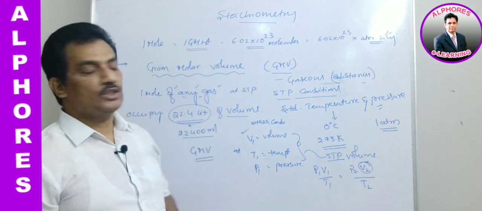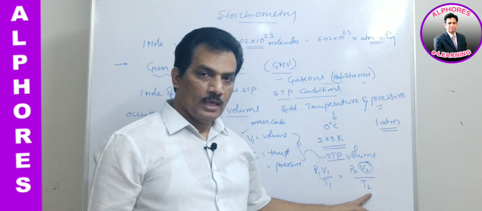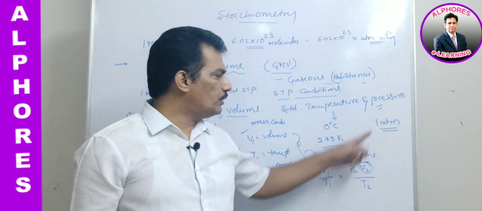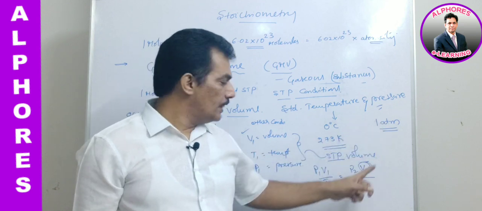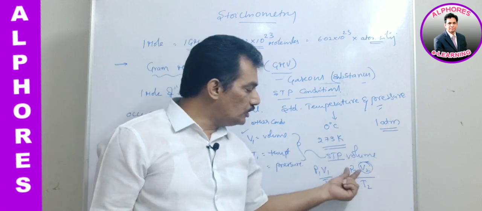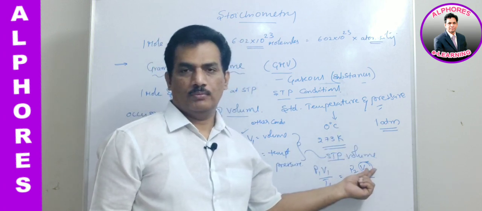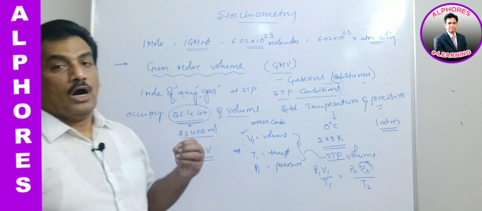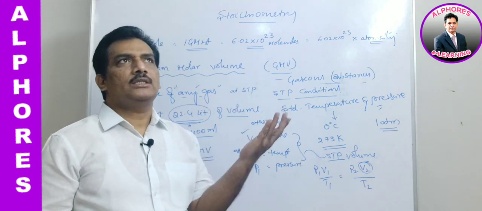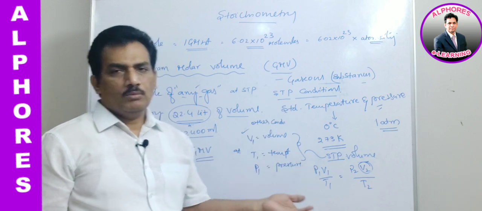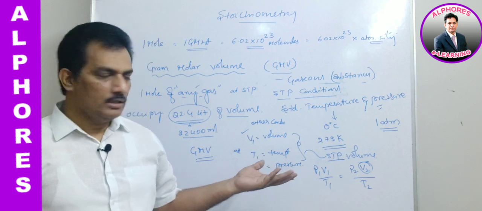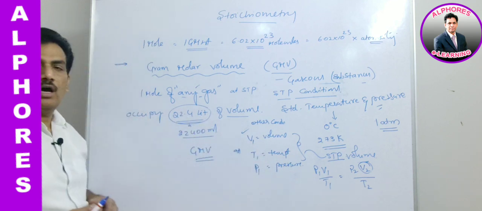Pressure P2 and temperature T2 we know, so by substituting these two values we can find V2, the volume of that given gas at STP condition. When the volume at STP is known, we can automatically relate mole and volume. Clear? That is about gram molar volume.